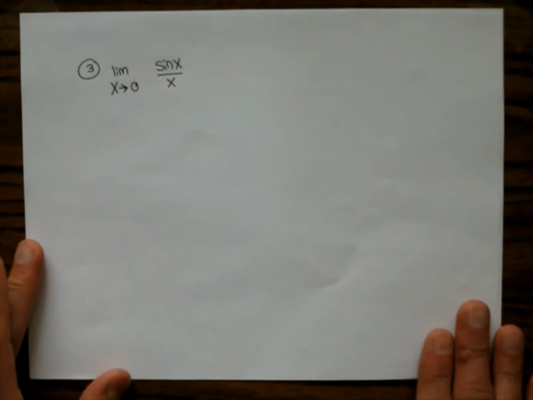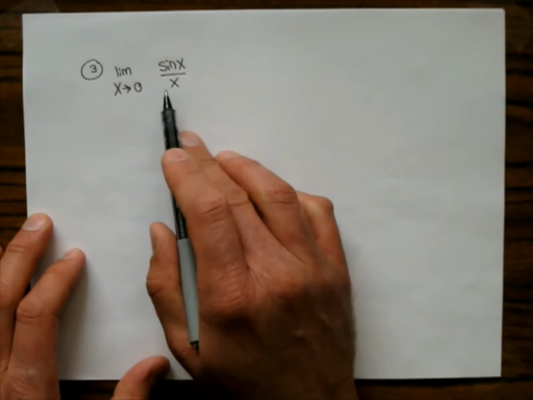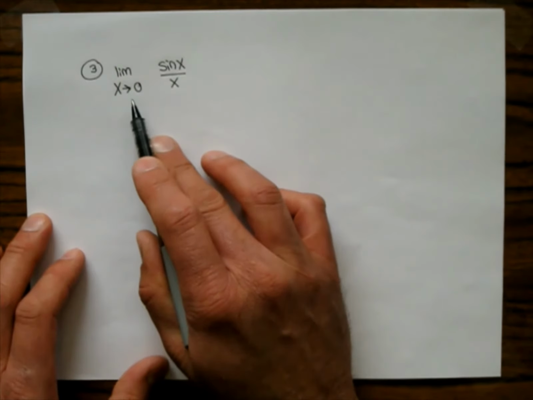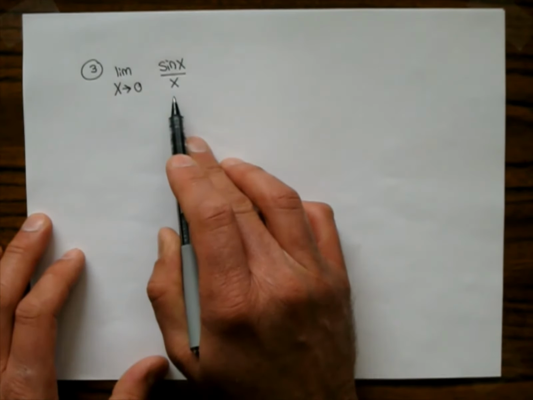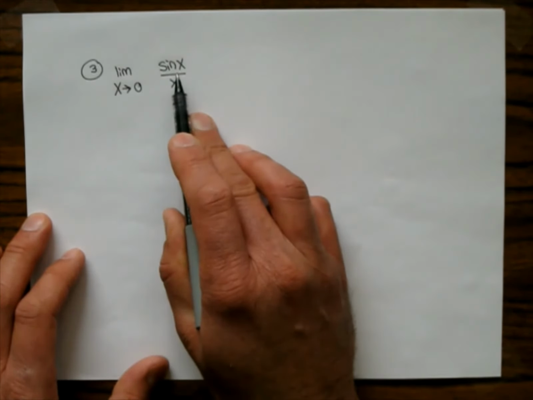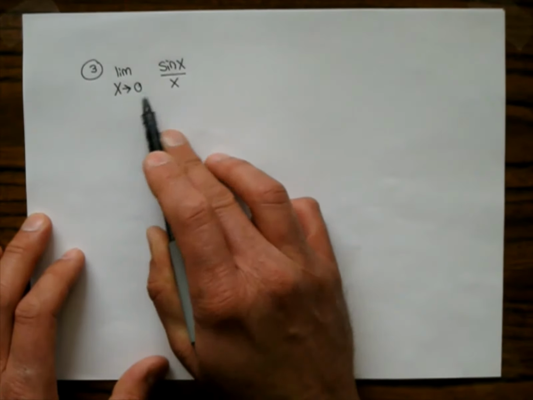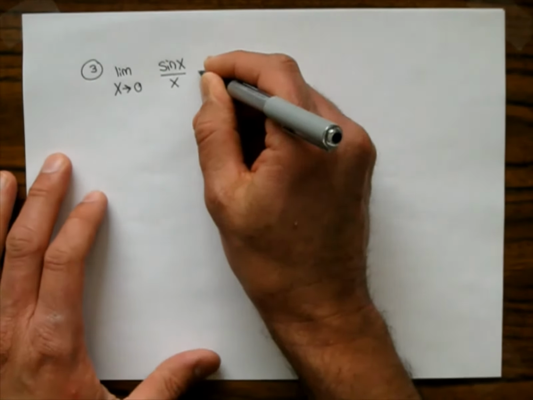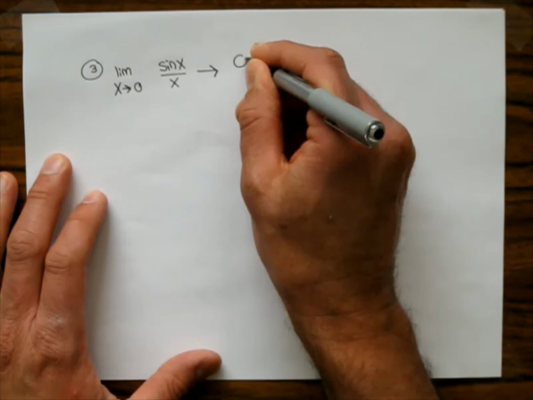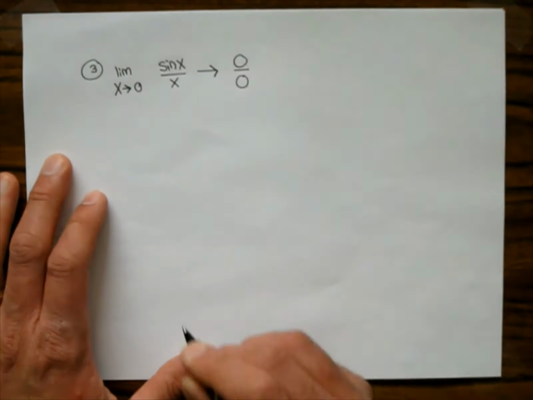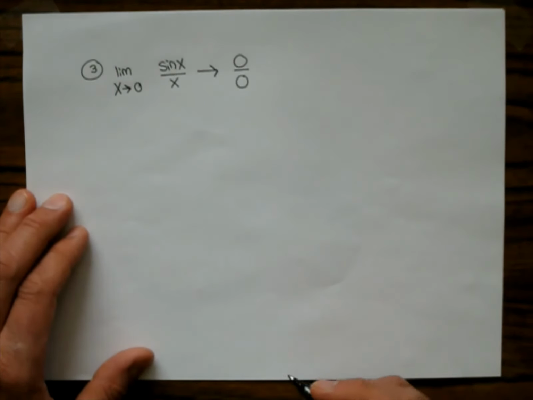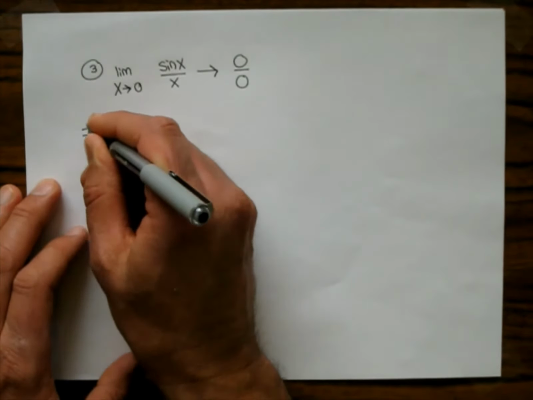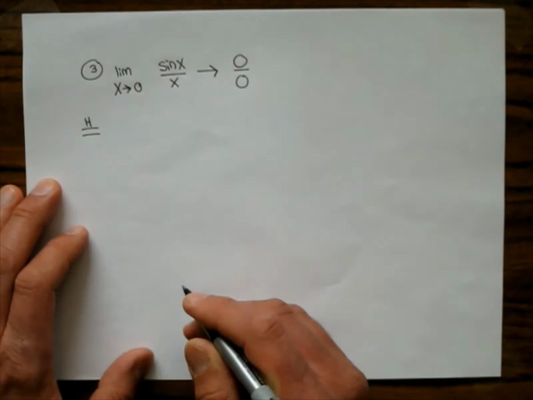Maybe you can do problem 3 on your own by pausing the video and seeing if you can get an answer to this. Okay, so this is a very famous limit problem in calculus. The limit as x approaches 0 of sine x over x. Sine of 0 is 0, and then put 0 in the bottom, that's 0, so this goes to 0 over 0, which is another good candidate for L'Hopital.